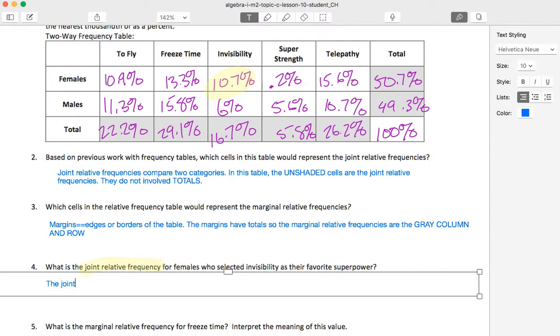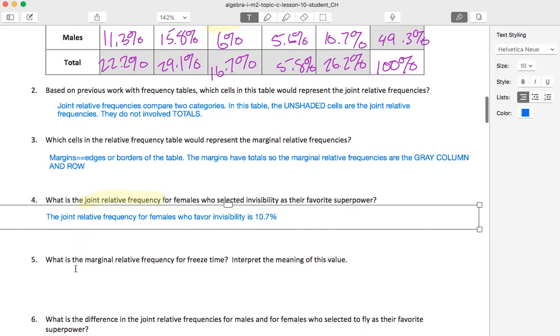The joint relative frequency for females who favor invisibility is 10.7%.